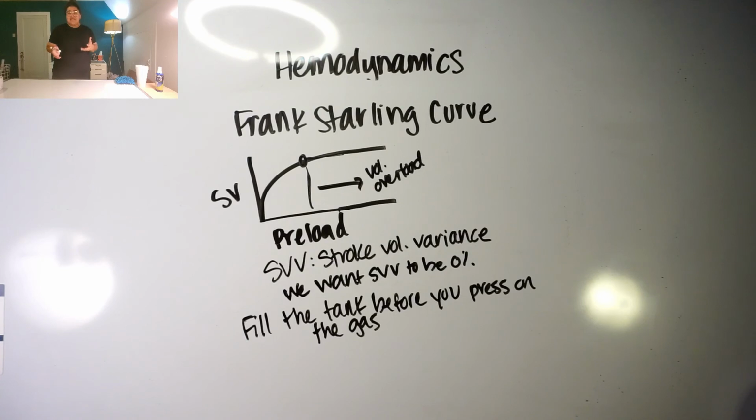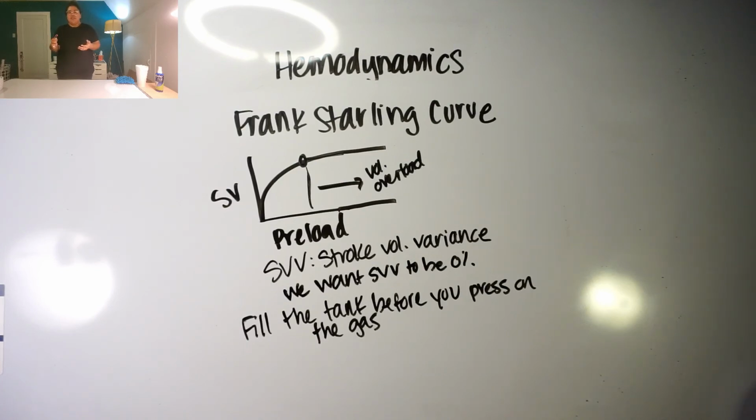As far as giving your patients volume, you want to give them preferably smaller boluses and not huge boluses, and be monitoring their stroke volume variance. If you don't have a hemodynamic monitor that can monitor your stroke volume variance, like an EV1000, then give them a small bolus and see if their blood pressure improves.